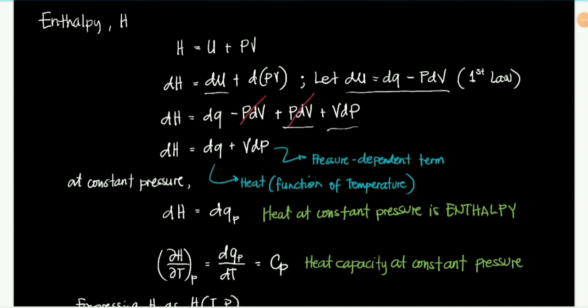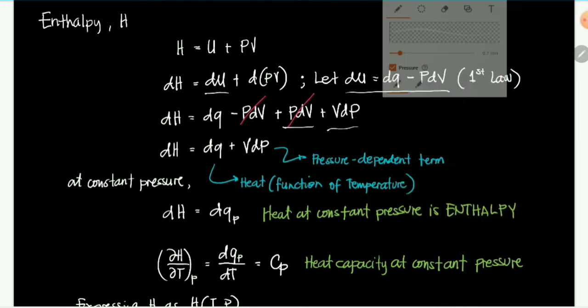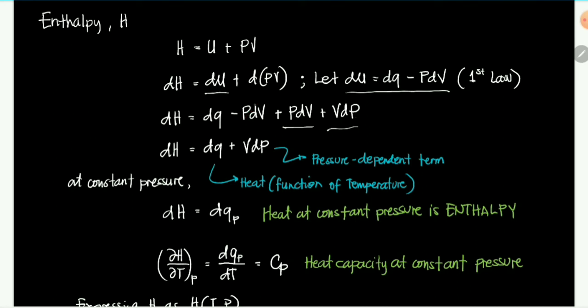What is enthalpy? So let's derive it first. H is equal to U plus PV. Let's take the derivative of both sides. dH is equal to dU plus the derivative of the product PV. Let dU be equal to dq minus PdV according to the first law.